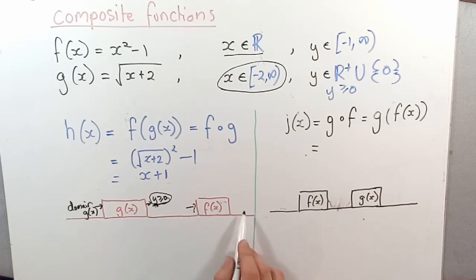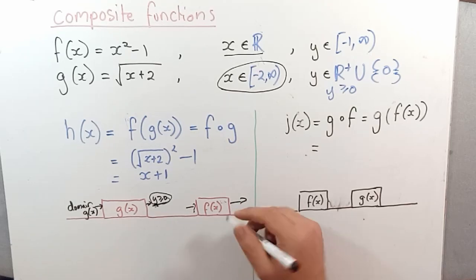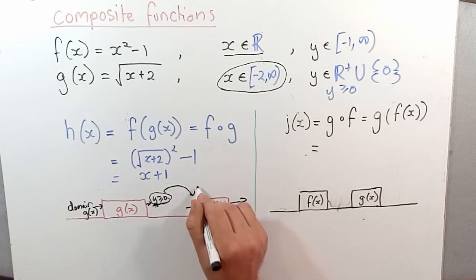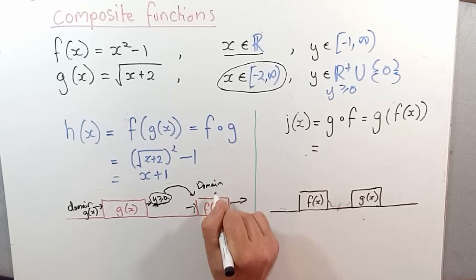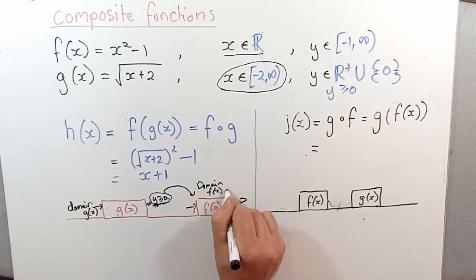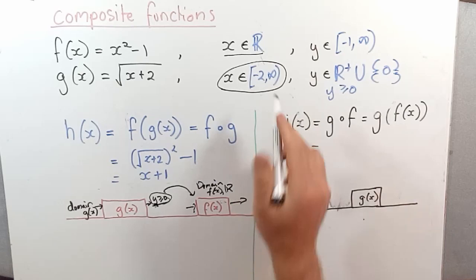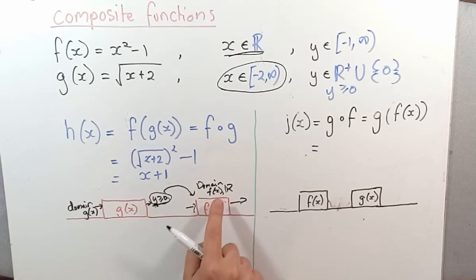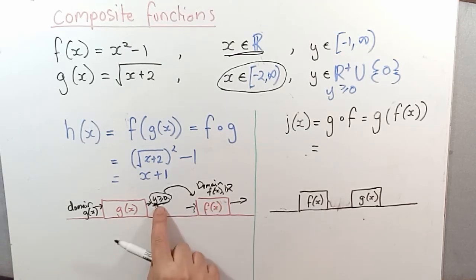So these values go in, and we get the range out, whatever that range may be. This works because the domain of f of x is R in this case. It doesn't go outside the boundaries of R. R is our biggest boundary anyway, so we're good to go. Well, biggest boundary in Maths Methods.